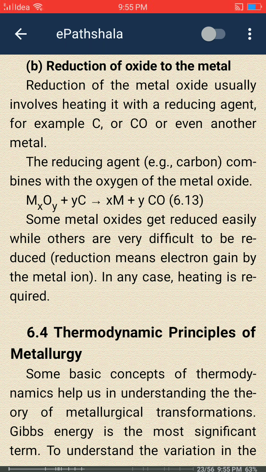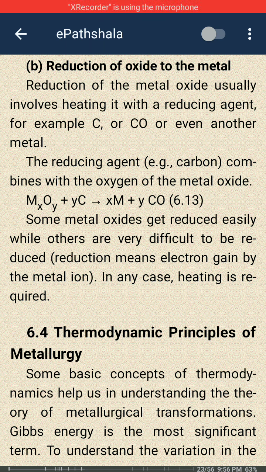So reduction involves, usually, heating. Reduction of metal oxide usually involves heating with a reducing agent. For example, carbon or carbon monoxide, or even another metal. So here we are using reducing agents like carbon monoxide, or another metal.